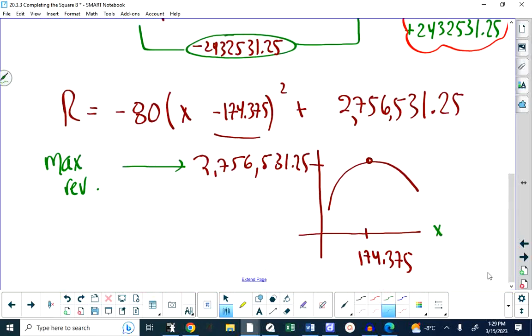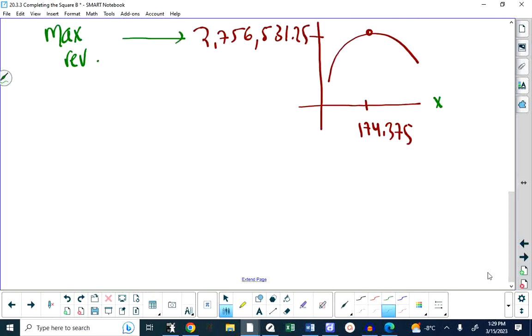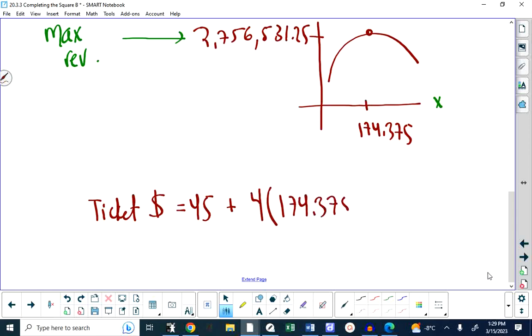So, correct me if I'm wrong, was it $45 a pop? That means the ticket price will be equal to 45 plus 4 times 174.375. All right?